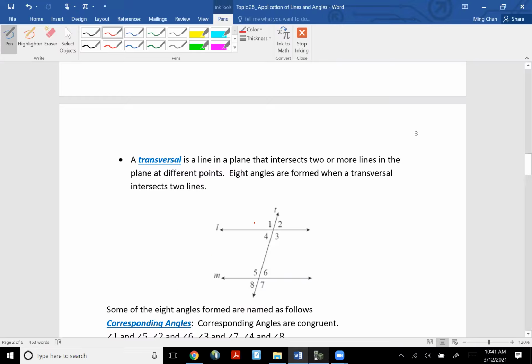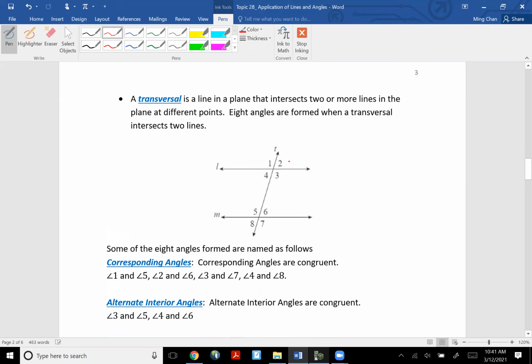So if line L and line M are parallel, and here comes a transversal, then you end up with 8 different angles. Something called the corresponding angles. Corresponding angles are congruent. Think of corresponding angles as angles sitting at the similar position on the two parallel lines.